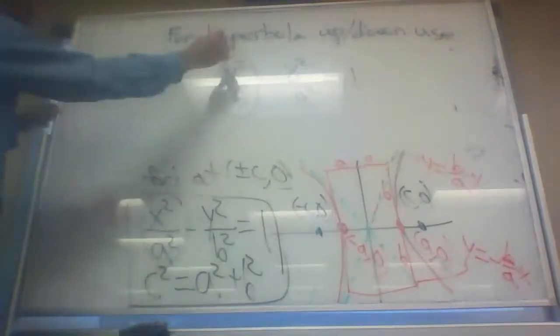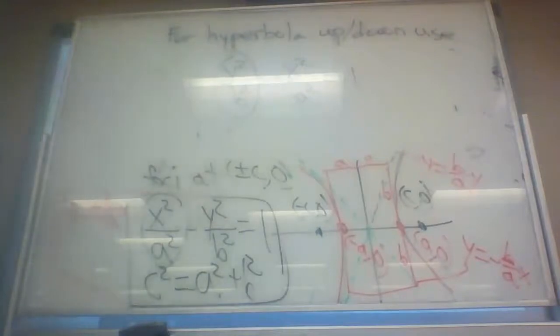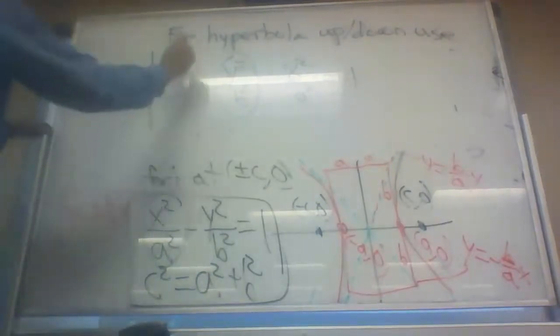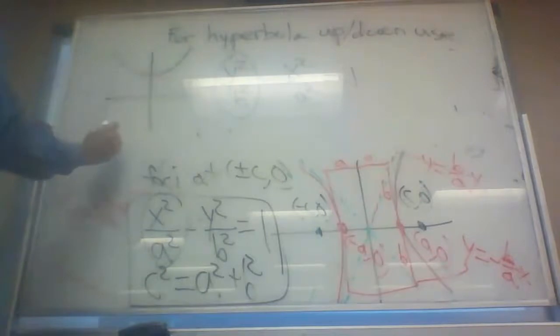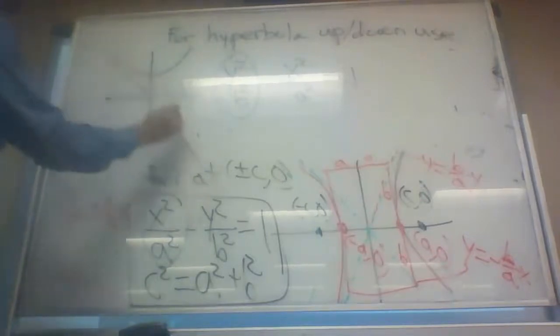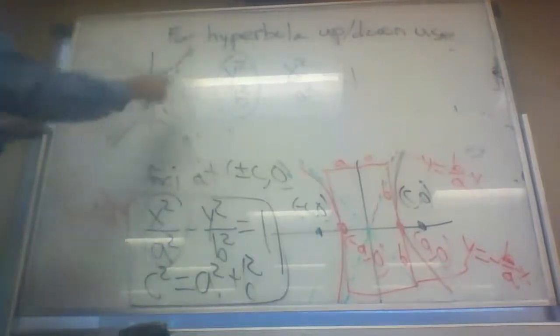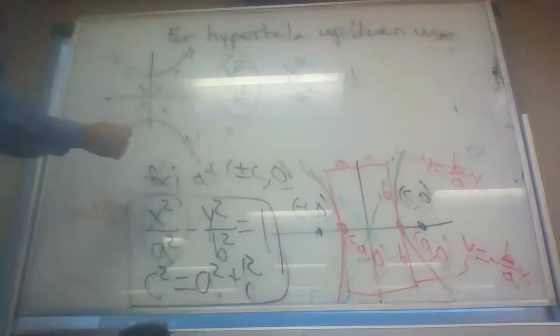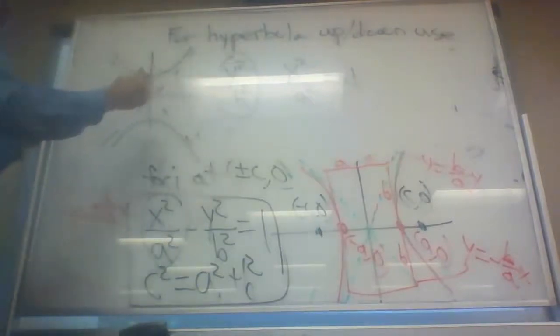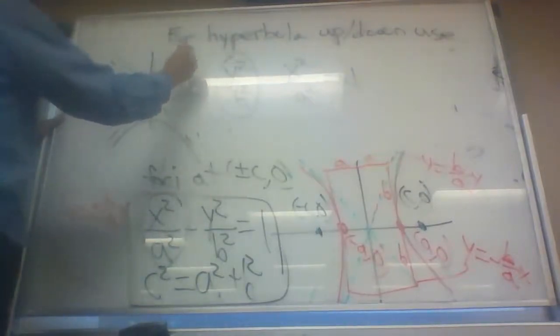And the trick is whatever term is positive: if the y term is positive, it opens up, but if the x term is positive, it opens right. So this one is horizontal if the x squared term is positive, and it's vertical if the y squared term is the positive term. So this one will look like this, opens up like this, and down like this.